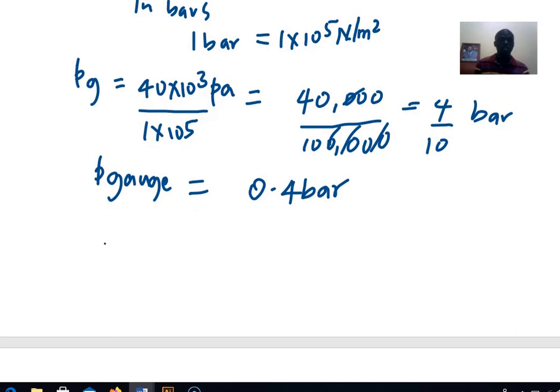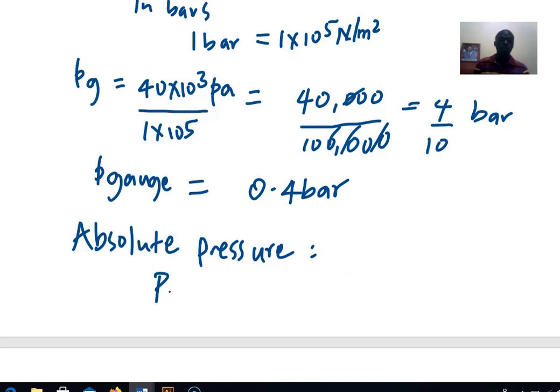So that is the gauge pressure, which is the intensity of pressure which was measured as gauge pressure, expressed in those different units. Let us now look at absolute pressure. We know that P absolute is equal to P atmospheric plus P gauge.